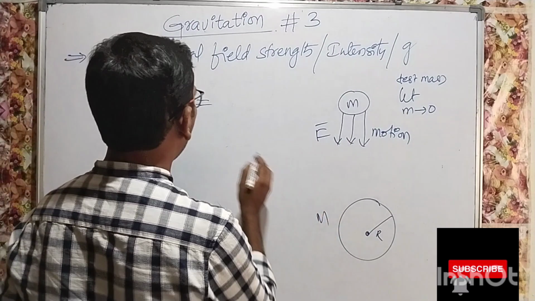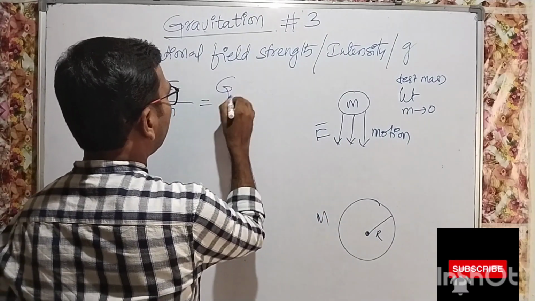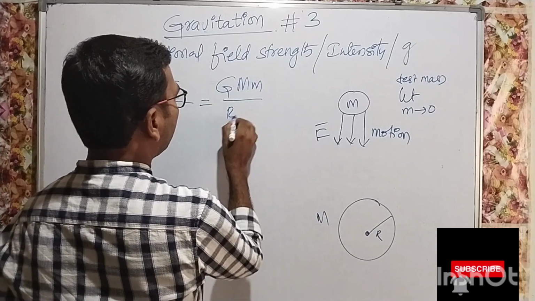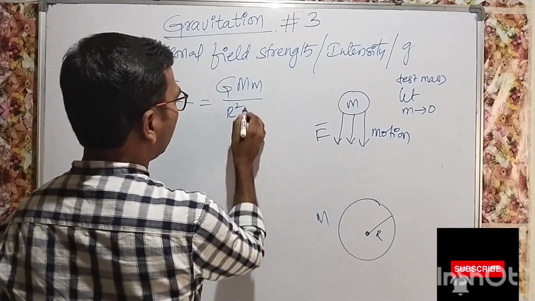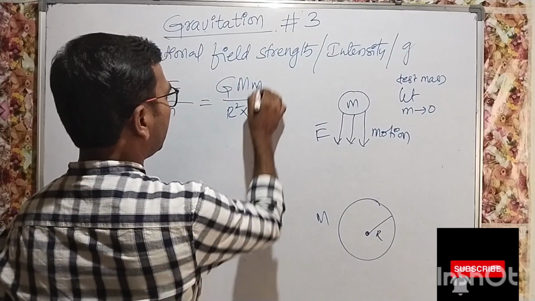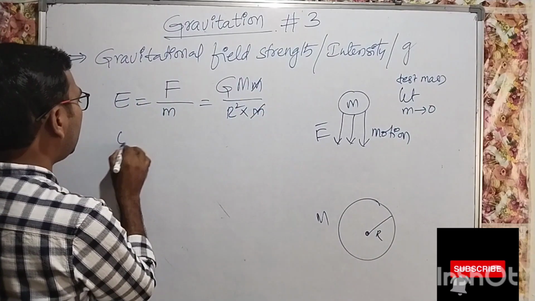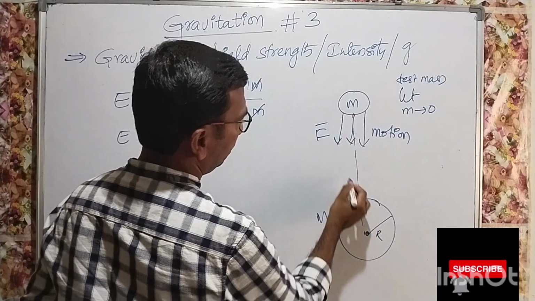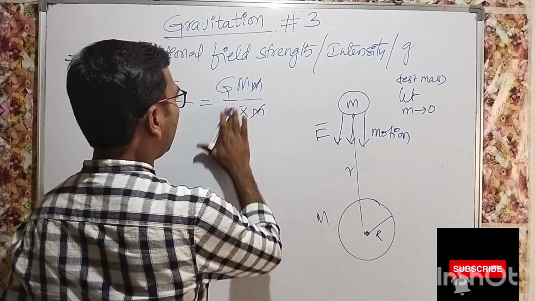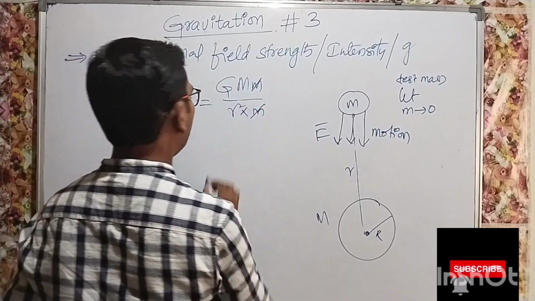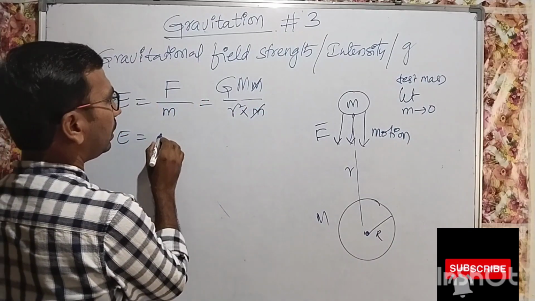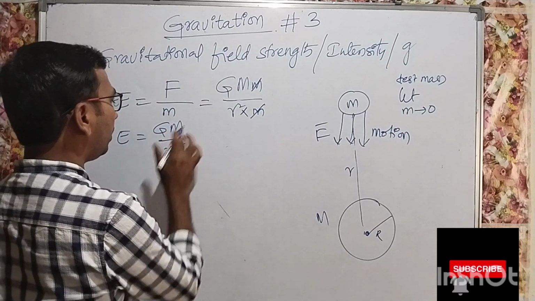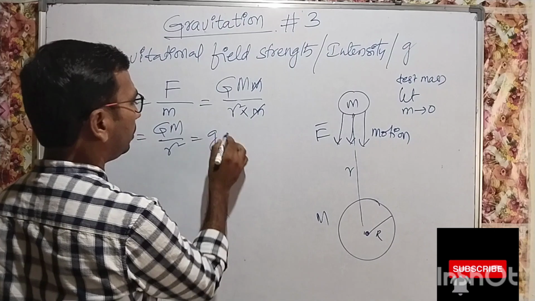So what is the gravitational force here? Capital G, capital M, small m by r square. Into m, this m cancels. So E is equal to, suppose the distance from here to here is r, capital G, capital M by r square. Capital G M by r square is equal to acceleration due to gravity.